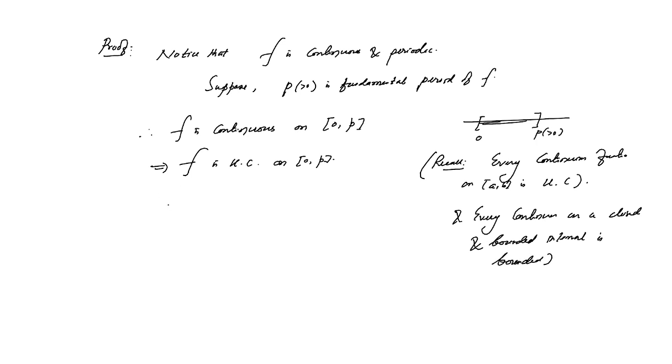So there exists a positive real number M greater than 0 such that mod of f(x) is less than or equal to M for all x belonging to [0, p].